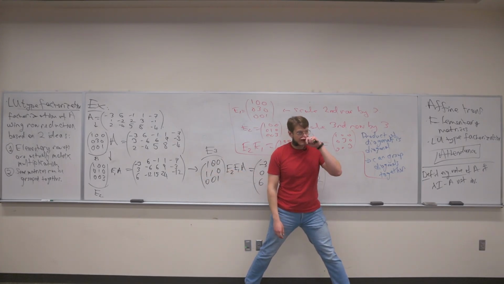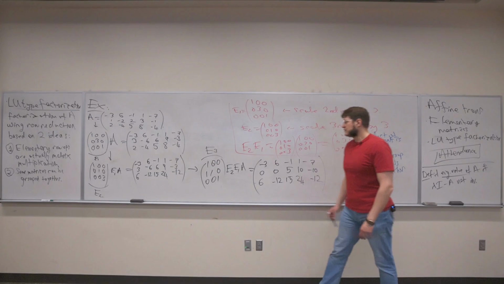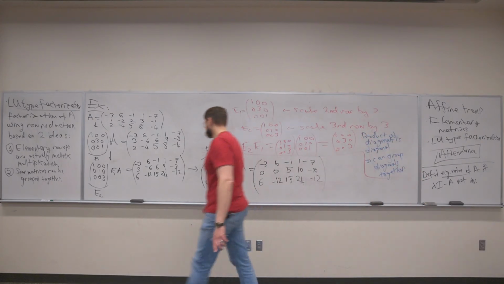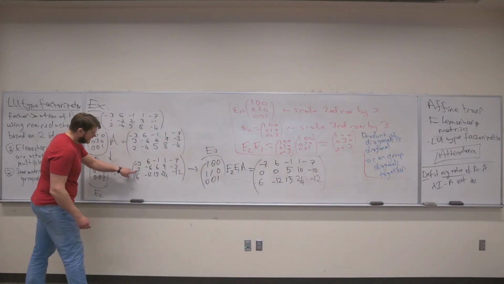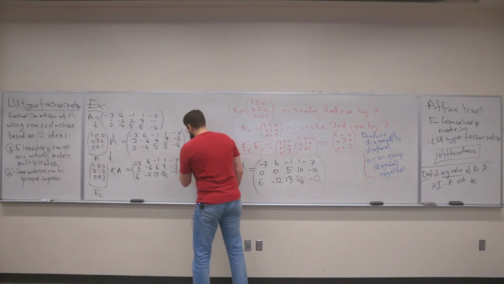Yeah? So the opposite operation, where it'd be like using row 2 on row 1, would be the middle top value? So you're, let me think. So you're saying take this and add it to this? Yeah.